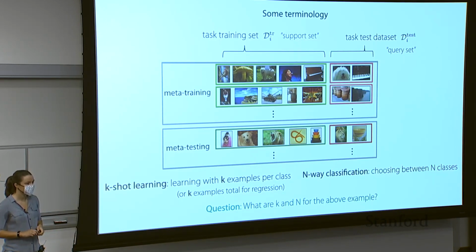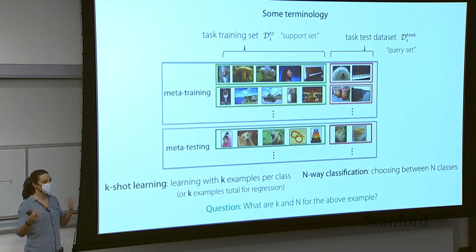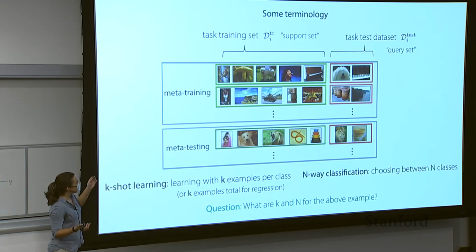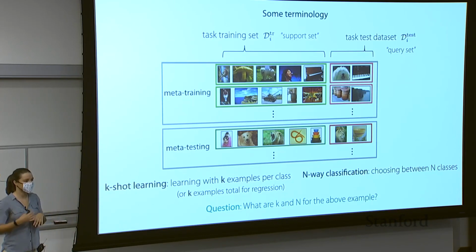So should K be fixed for each task? Yeah, so K can be different for different tasks. In this case, it's considering dogs and lions to be different classes because it's a more fine-grained classification problem. But in general, K can vary across the tasks.